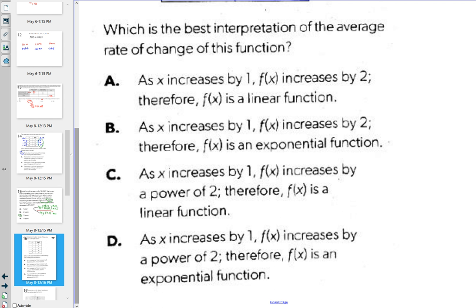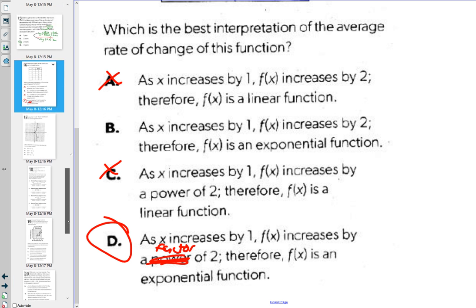Okay, it's definitely not linear, so it can't be A. We know it's exponential, so it can't be C. It's going to be D, but power is not a good word there. A better word for that would be a factor of 2. The factor means you're multiplying. I didn't even notice that.